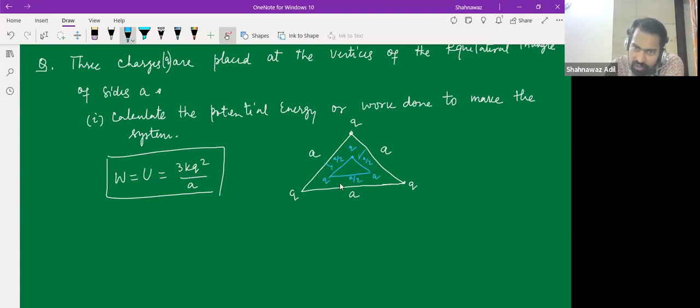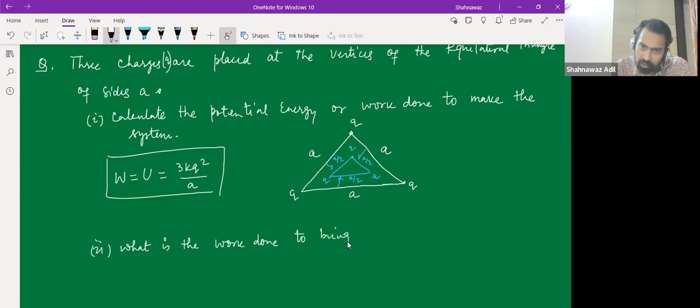So I shrank the configuration and put it at a by 2 distance. So the question is: what is the work done to bring the charges to a by 2 distance?